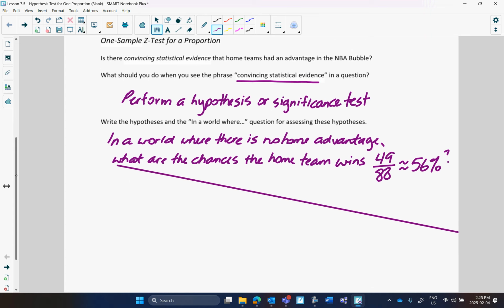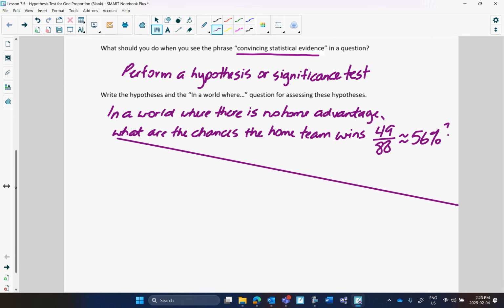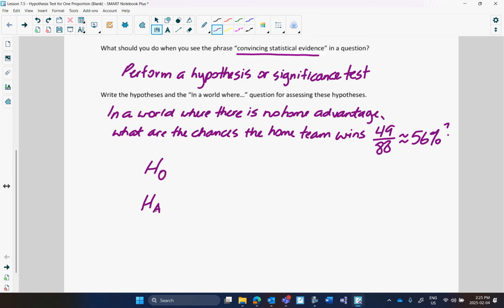And then remember how we set it up. Mathematically, we have the null hypothesis, and we're going to use the population proportion, not the sample proportion. The sample proportion helps us establish whether there is statistical evidence for this claim.